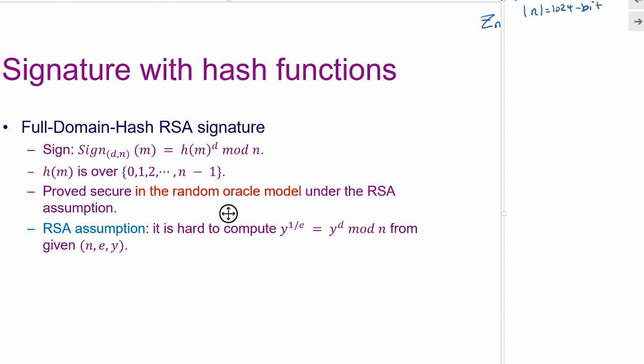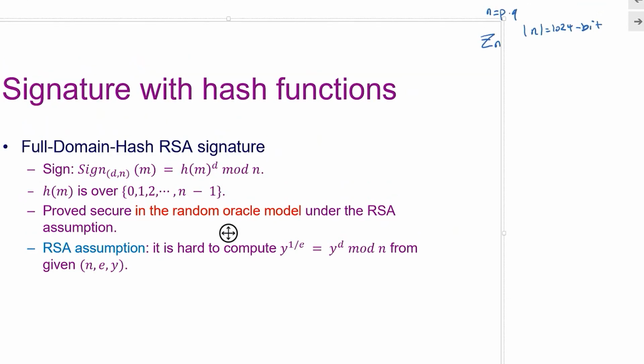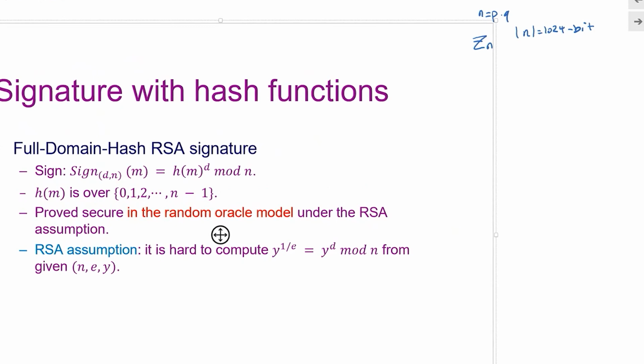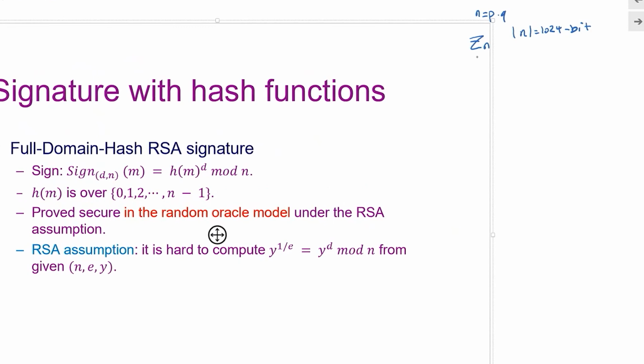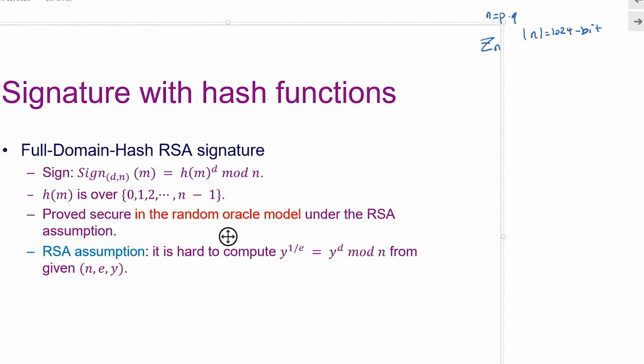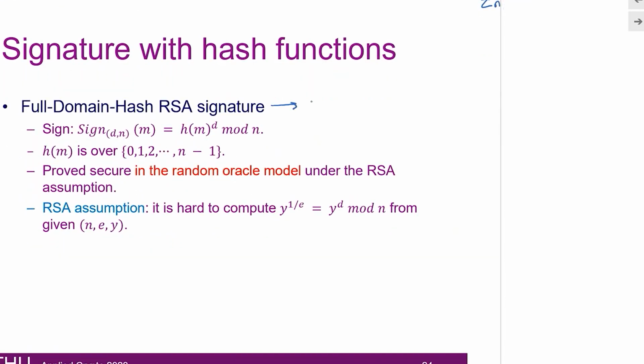But the problem is that if we use them, they only cover a very small set of numbers in Zn. So when we are talking about the full domain hash function, it means a hash function whose output is maybe 1024 bits. It covers the entire set of elements in Zn. That's what we are talking about, right?